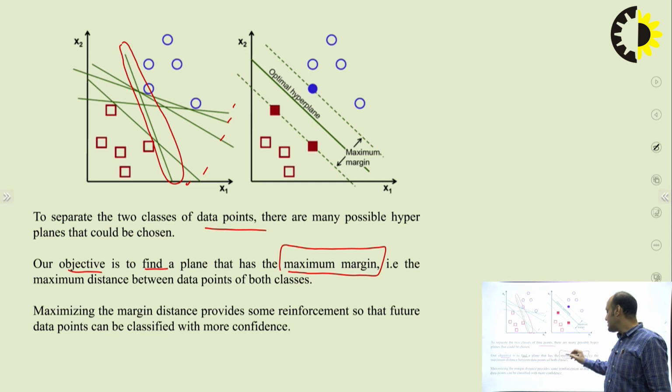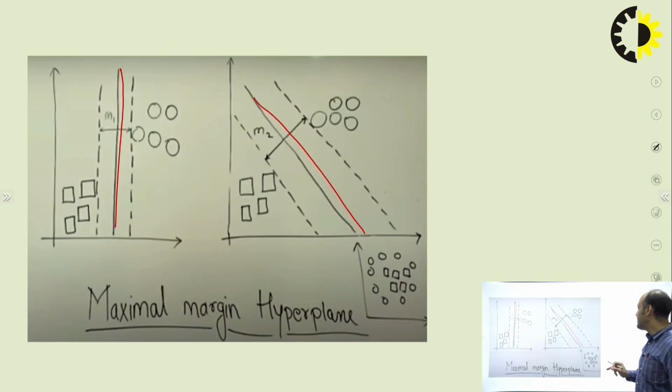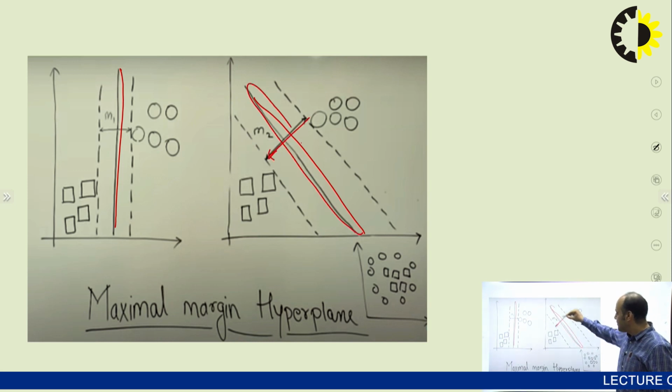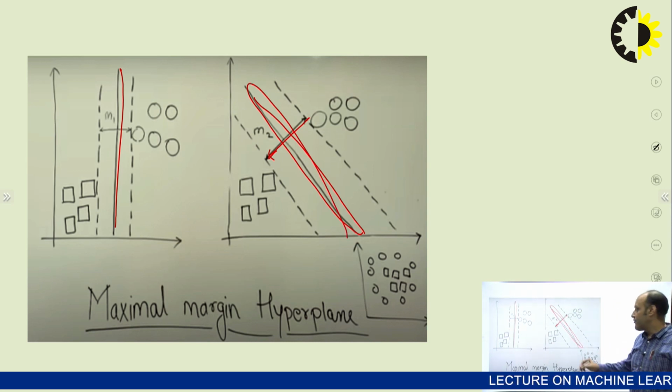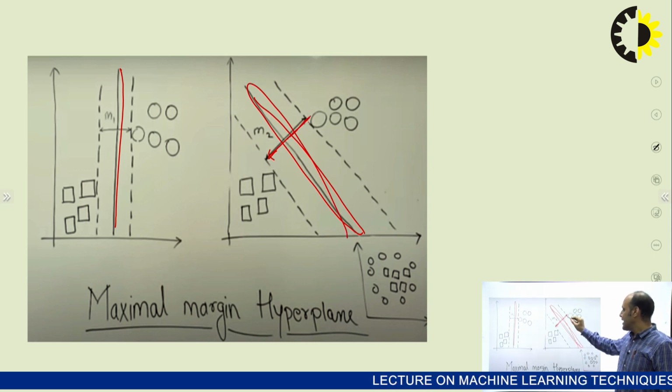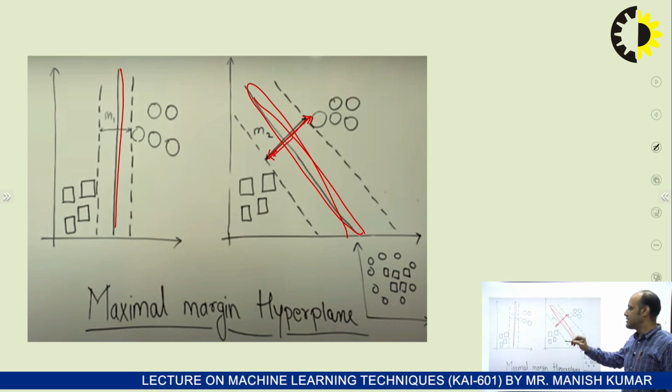What is the meaning of this maximum margin? This means the maximum distance between the data points of both the classes, as I have shown in the previous figure. So this is the hyperplane, and from this hyperplane, the distance to this class is maximum from both the sides.